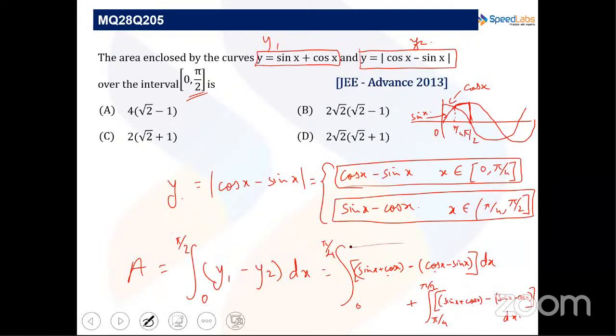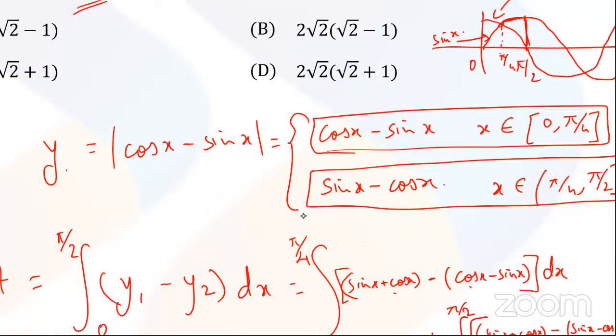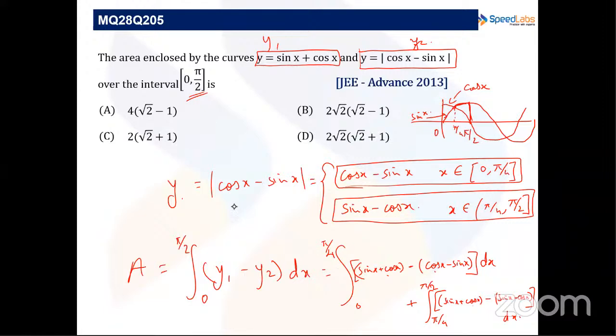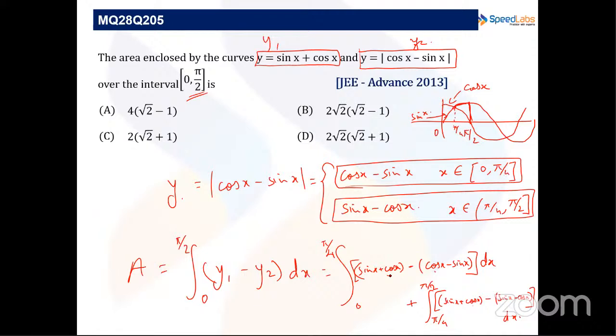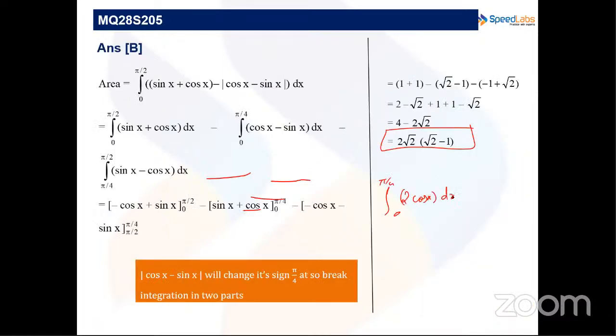Or if you are looking at this one, then we were having from 0 to pi by 4, it was equal to 2 cos x dx, and from pi by 4 to pi by 2 it was 2 sin x dx. 2 will come out common, and for cos x the integration will be sin x, and limit is from 0 to pi by 4, plus for sin x the integration will be minus of cos x, and limit is from pi by 4 to pi by 2.